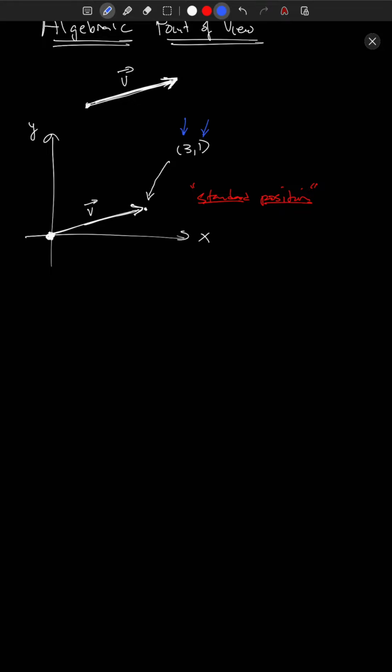So if I say I'm working with the vector whose head is at 5, 2 in standard position, there's only one vector that could be. Its tail has to be at the origin, its head is at 5, 2, so its head has to be there, and this is the only vector that could be.